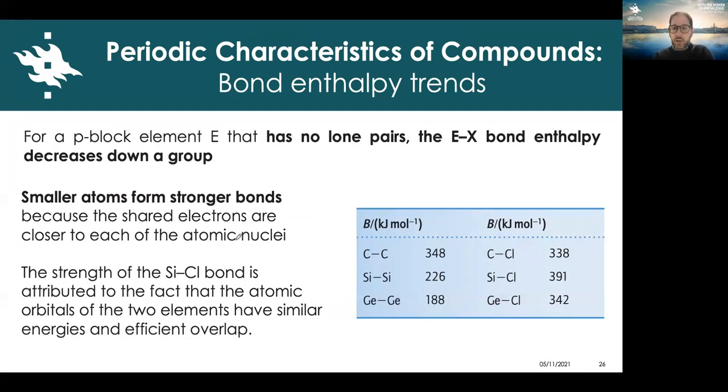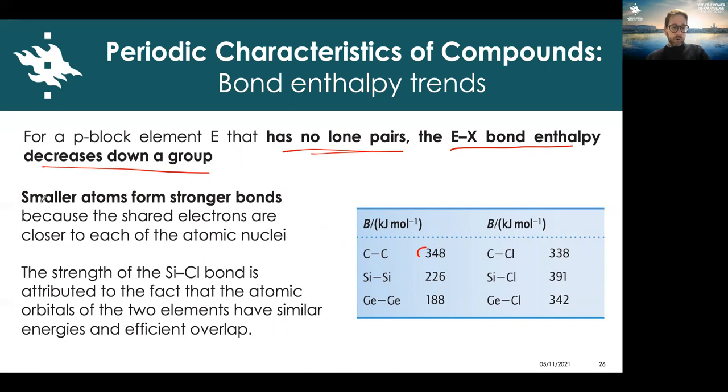So when we have an element that has no lone pairs, then we don't have this kind of anomalous behavior for the first element of the group. In this case, the bond enthalpy usually decreases as we go down the group. We can see here for group 14, carbon and silicon, for example, where carbon is the first element of the group, that the bond enthalpies decrease down the group.